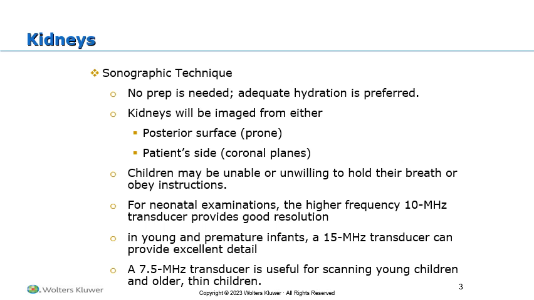In young and premature infants, like I said, you can even go up to a 15. The higher the frequency, obviously, the better your spatial resolution is going to be. And so you've got to balance that, getting the penetration you need with the spatial resolution, and then finding a footprint that is not too big to get into the small spaces that you're looking at on these children.